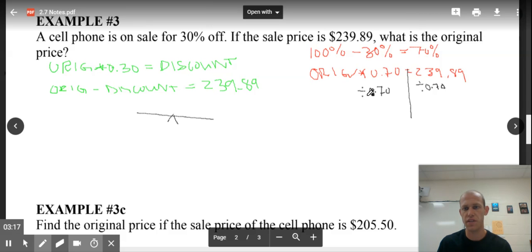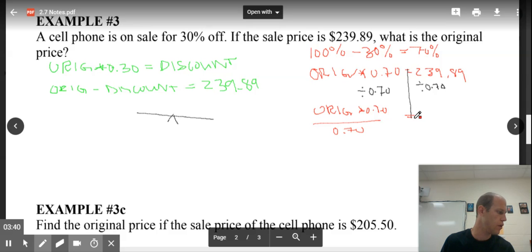So if I do something to this side, do the same thing, and that equal will remain equal. It will remain balanced. So we have now our original times 0.70, but now it's also divided by 0.70. This side, if we divide it by 0.70, we get out $342.70.